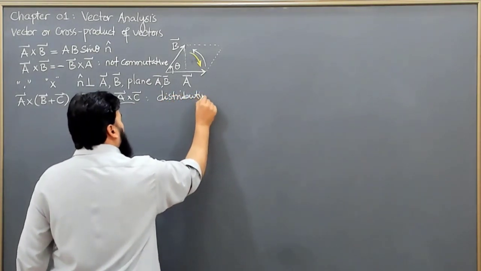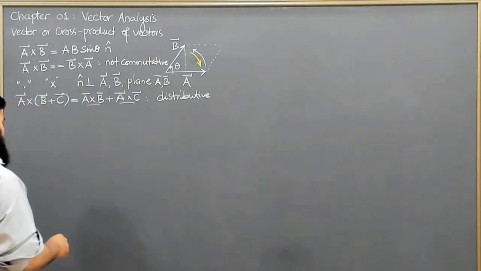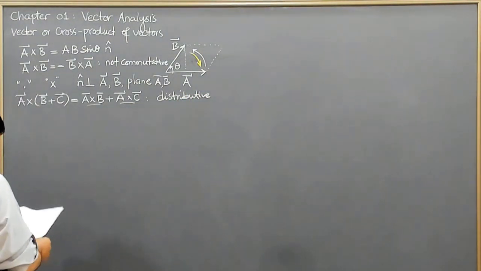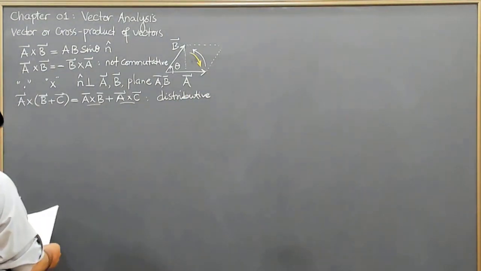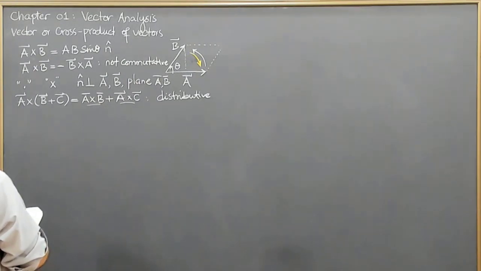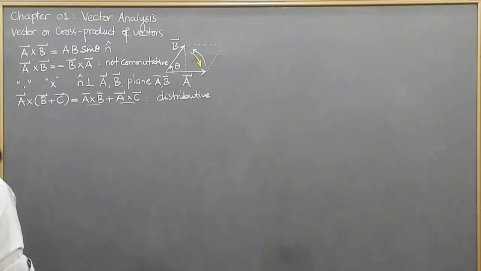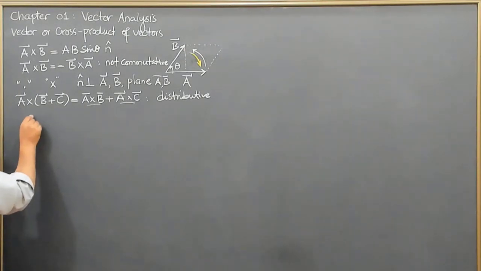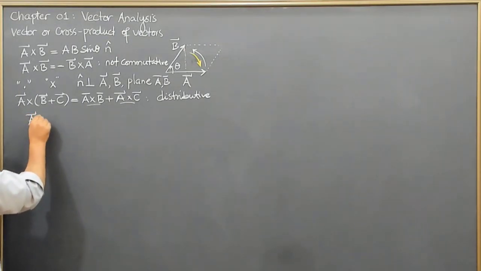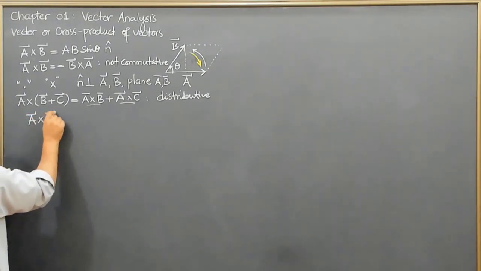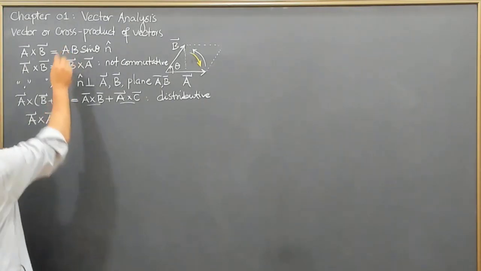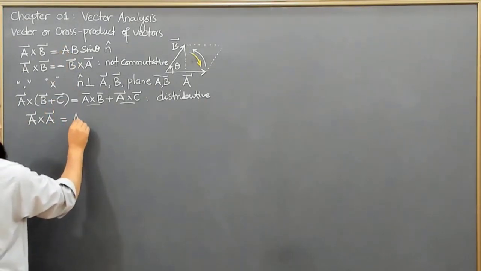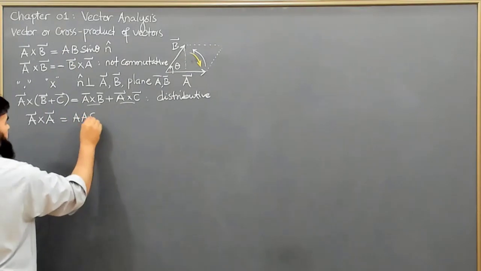Cross product is distributive in its properties. Similarly, if I have the same vector, like A cross A or B cross B, then according to the equation it will be A, B and sine of the angle.